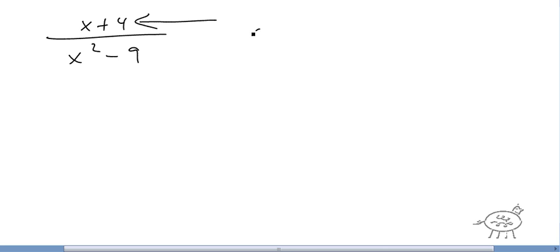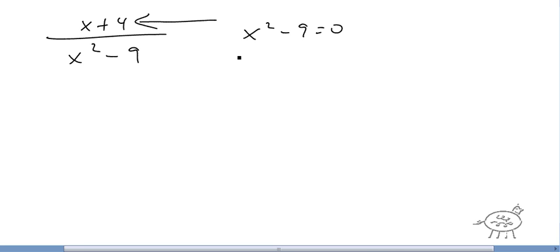Okay, so here's another one. X plus 4 over x squared minus 9. Okay, again, if you do anything with the top, when I ask that question, I'm going to just mark it wrong. You are going to ignore the top and just look at the bottom. You're going to say x squared minus 9 equals 0. Now remember, when it's a squared term, you can either use the square root method or you can factor.